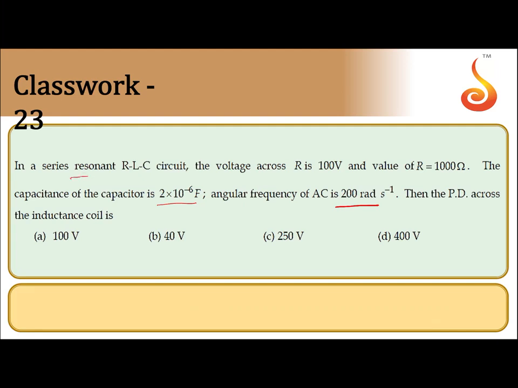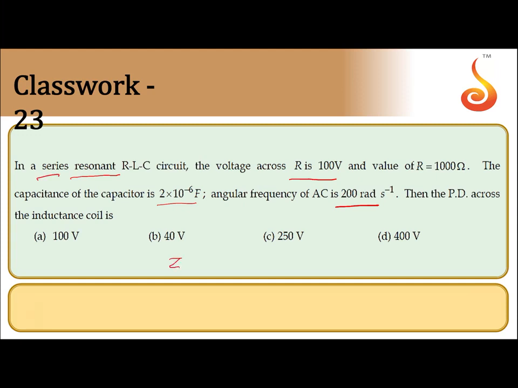So they have given it is resonant circuit. When it is resonant circuit, the current through the resistor, current through the capacitor and current through the inductor, all the three will be same because it is series circuit, but pure resistive circuit it will be at resonance.